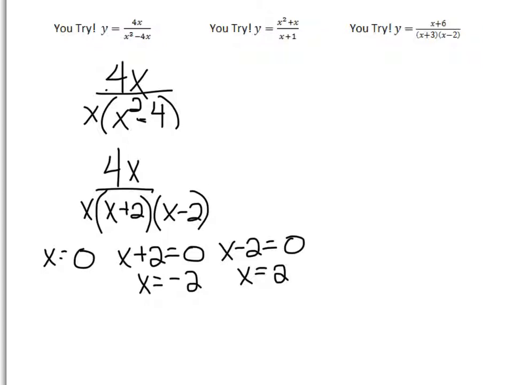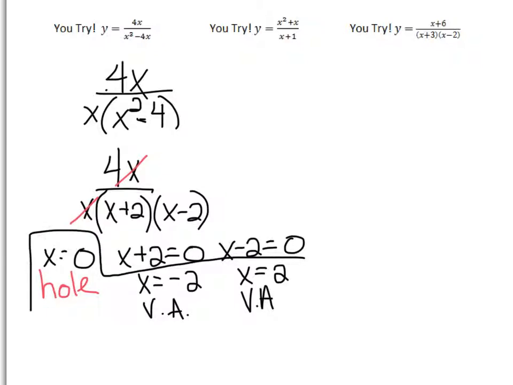So now I have to determine which ones are holes and which ones are asymptotes. So I go back to where everything's been factored and I look for something to cancel. Well, the only thing that would cancel is this x with this x, which means this is a hole. And the other two then are vertical asymptotes, and I'm going to call them VAs. So there's your answer for the first U-try.